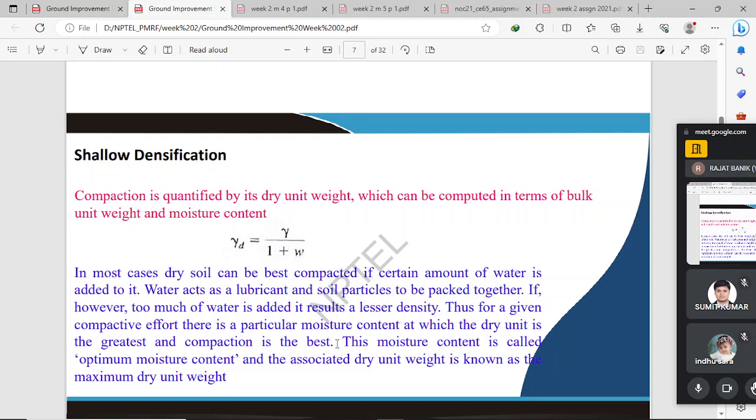That water quantity is nothing but the optimum moisture content. For every soil there is an optimum moisture content for which we always get a maximum dry density, called MDD, and the optimum moisture content is called OMC. We get the OMC for a particular compactive effort, that means a particular mechanical energy.